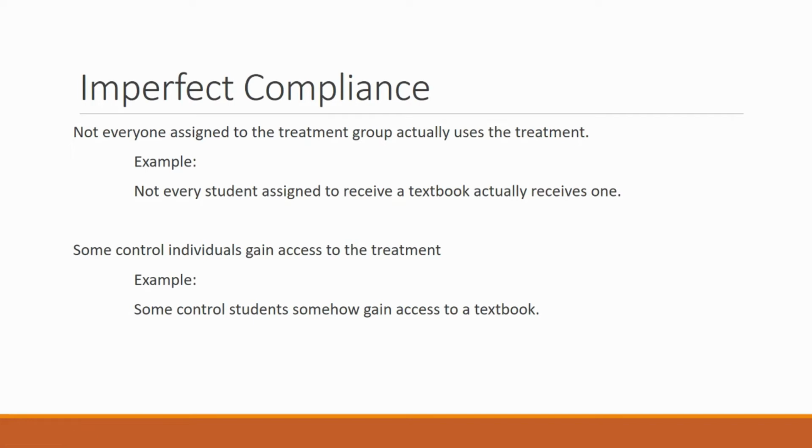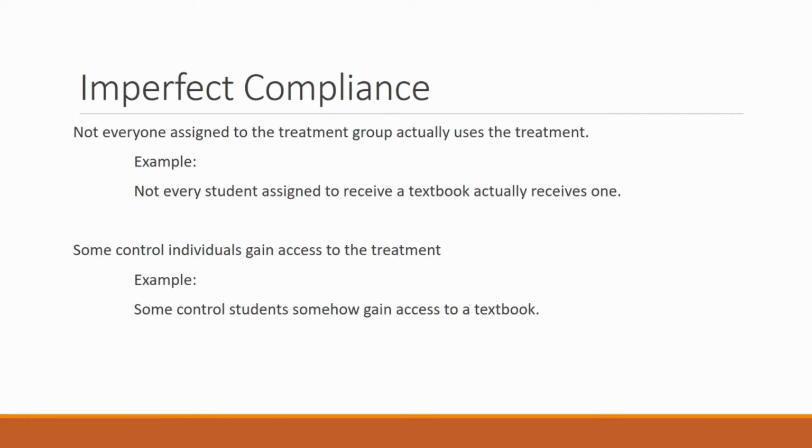Imperfect compliance is when we have randomly assigned people to receive the treatment and randomly assigned people to not receive the treatment, but not everyone who was assigned to receive the treatment actually got the treatment, or not everyone that was assigned to the treatment actually used the treatment. Likewise, imperfect compliance is when some people who were assigned to the control group somehow got the treatment.